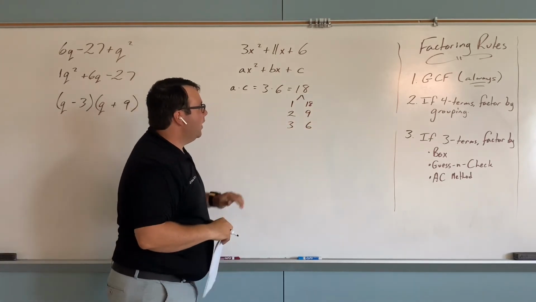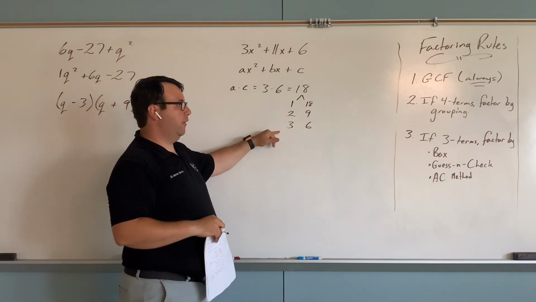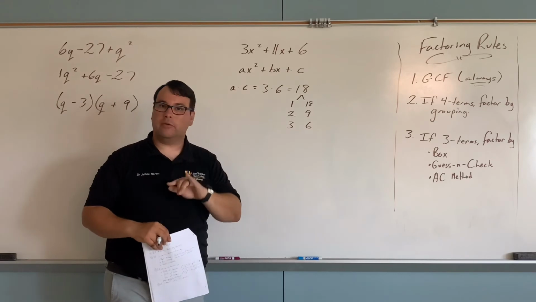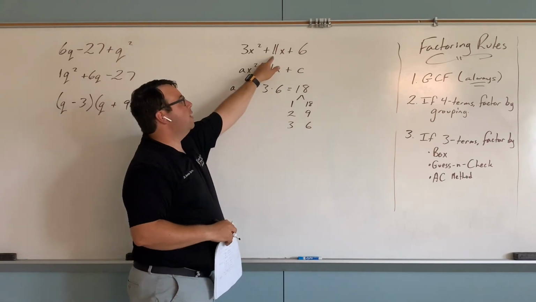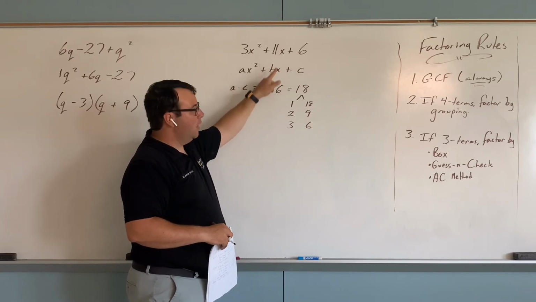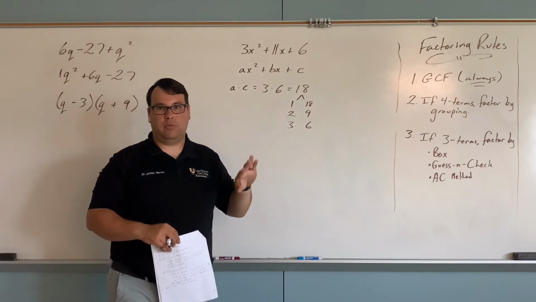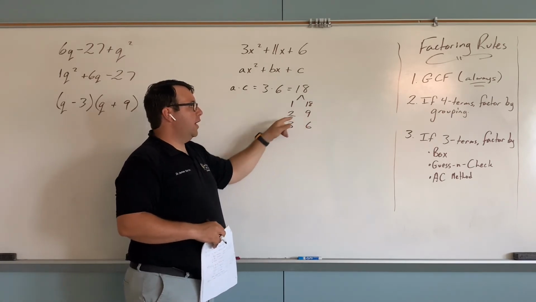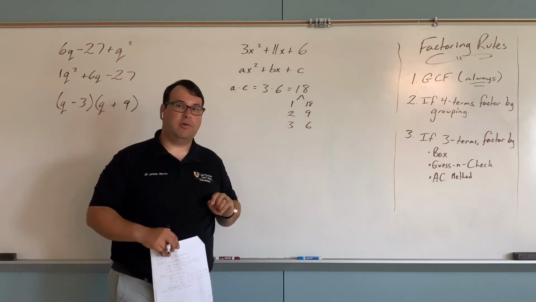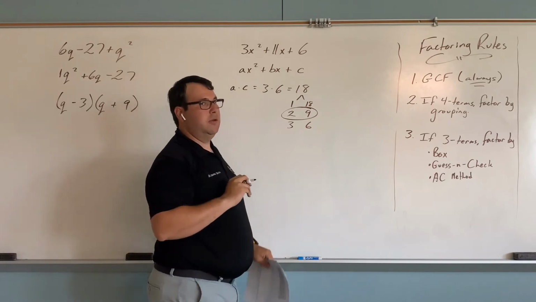And so we're looking at these pairs of numbers and asking ourselves, what from those pairs of numbers, either through addition or subtraction, will give me this middle number from the original problem? 1 and 18, added and subtracted, you get either 17 or 19. 2 and 9, you get either 7 or 11. Hey, you needed 11. So I'm going to use 2 and 9.